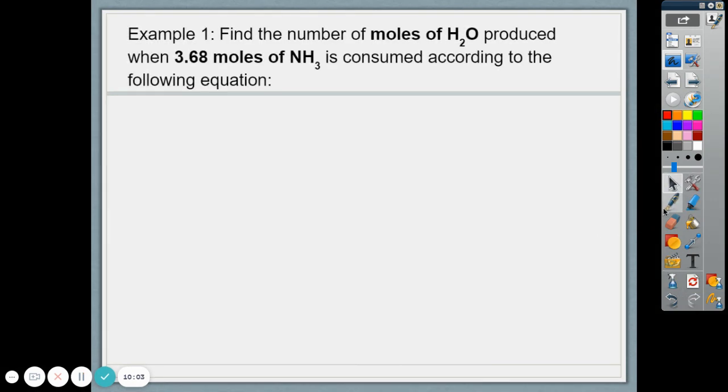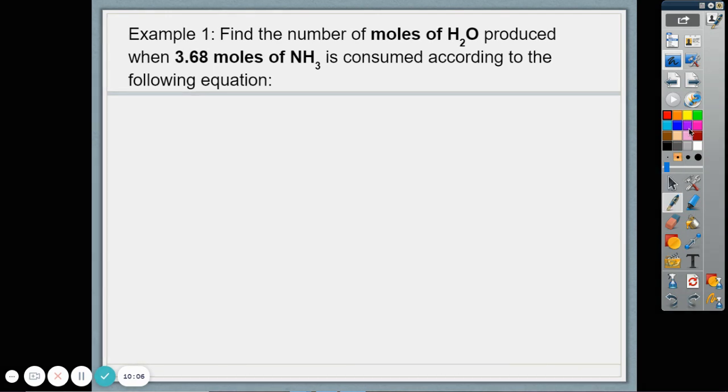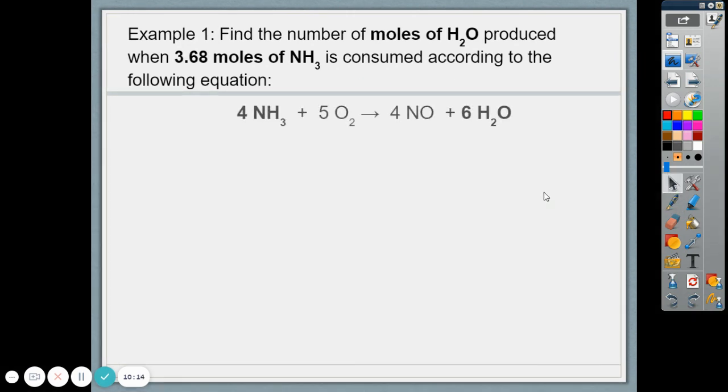Okay, so let's actually see what one of these problems would look like. Find the number of moles of H2O produced when 3.68 moles of NH3 is consumed according to the following equation.